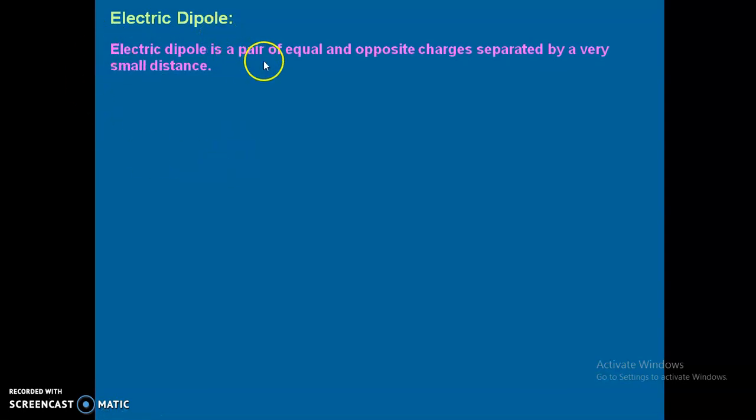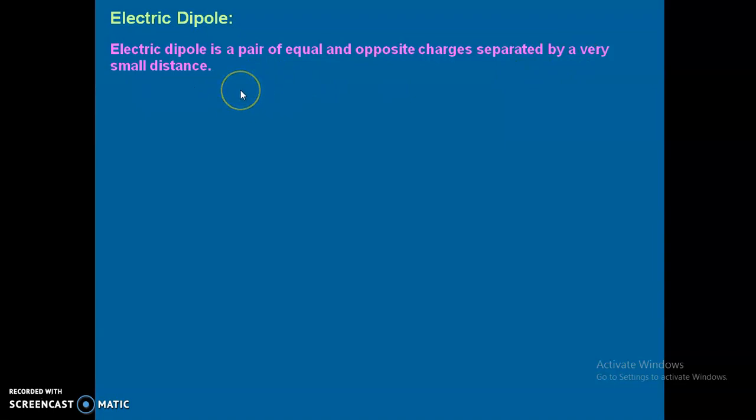So let us have the definition of electric dipole, though I have already given you the definition in the last video lecture. So again, let us revise. An electric dipole is a pair of equal and opposite charges separated by a very small distance.